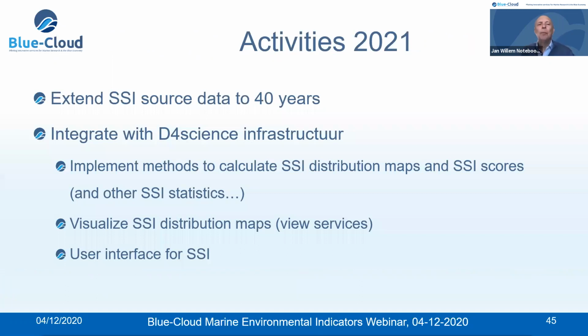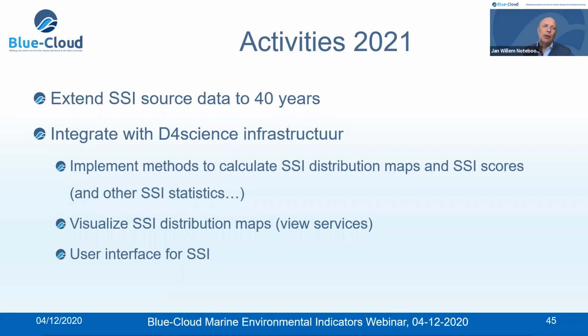Please, next. What we are doing next in 2021? This data was now only 2 years. However, the ERA data goes back to 1997. So we will extend the source data to 40 years, also so that you can study the climatology of the storm severity.